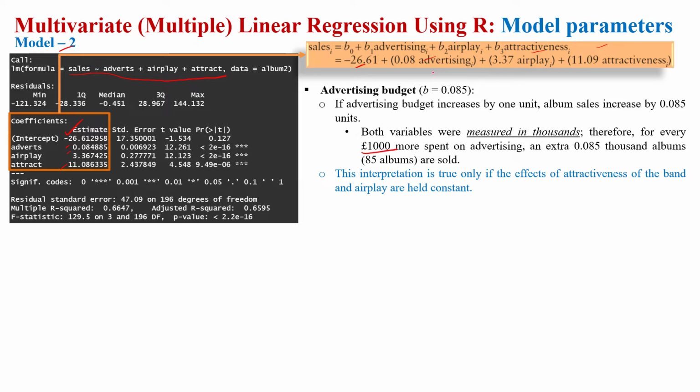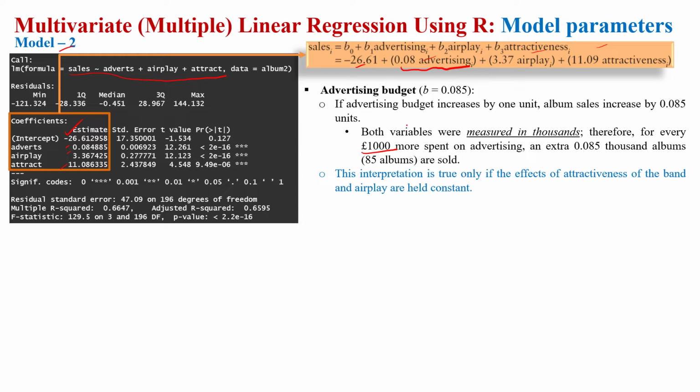Right now we can say how we can interpret this advertisement budget expenditure. It is saying that for every 1000 pounds spent on the advertisement expenditure, an extra 0.085 thousand albums are going to be sold, which means 85 albums are going to be sold by spending 1000 pounds on the advertisement budget.